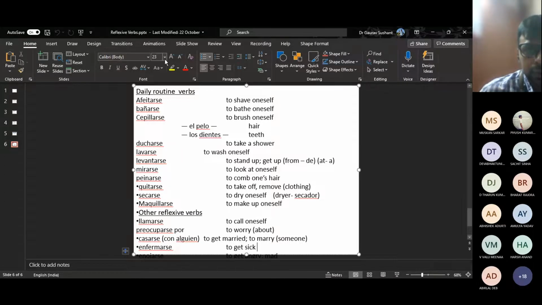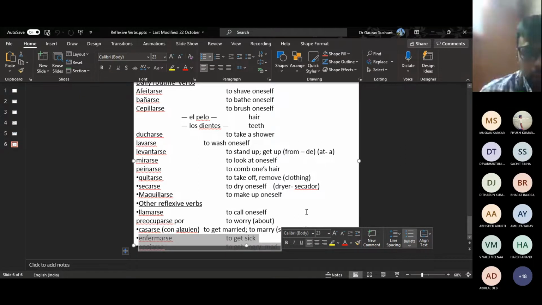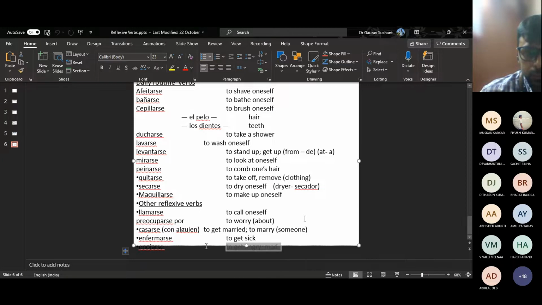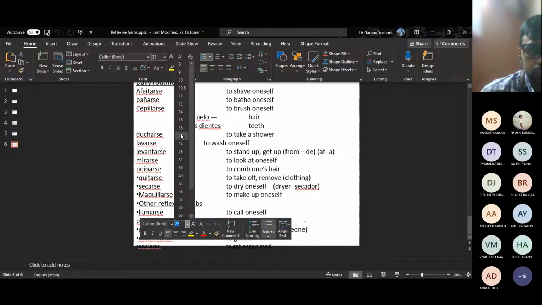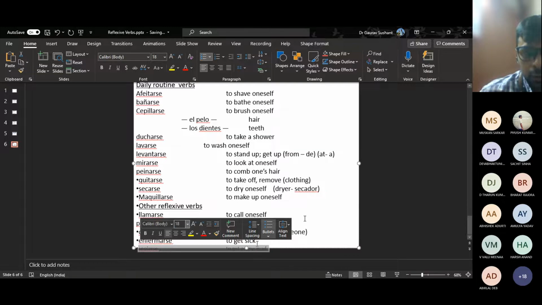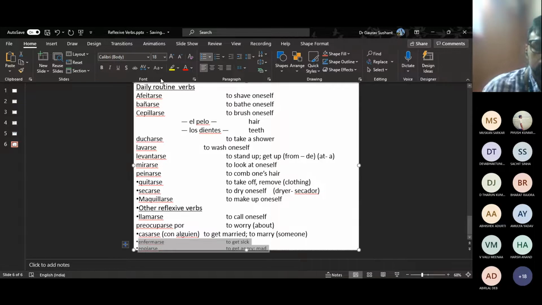There is a last verb which is I think not visible to all of you. Okay, just a second. I hope now you can see. So the last verb is enojarse.